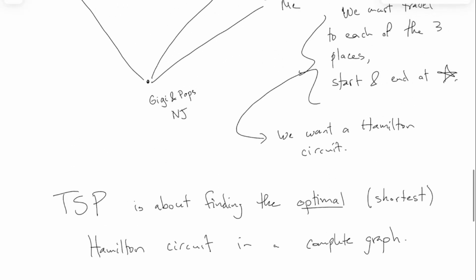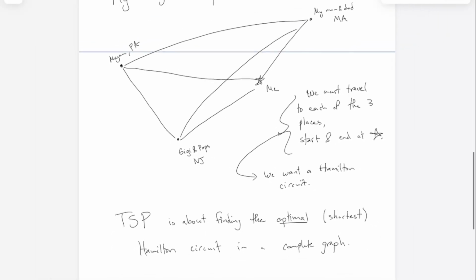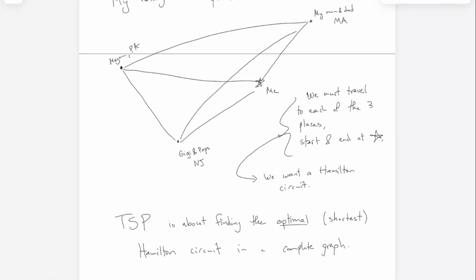All right, in this case, we would like to visit all three of those places in the shortest total distance. So we don't want to be driving back and forth along the same place or driving an unnecessarily long distance. All right, finding the optimal shortest Hamilton circuit in a complete graph.